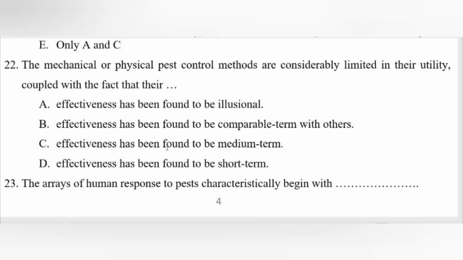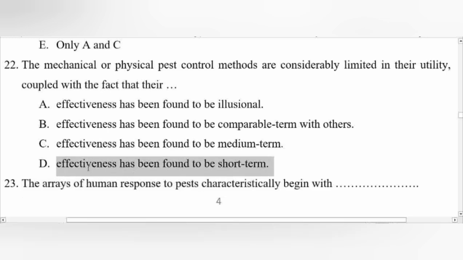B, their effectiveness has been found to be comparable term with others. Then C, their effectiveness has been found to be medium term, and then D, their effectiveness has been found to be short term. So which one should be your answer? The answer should be option D. Their effectiveness has been found to be short term.